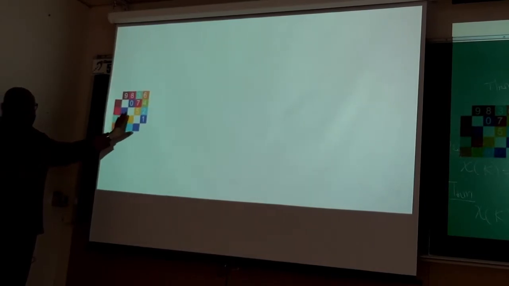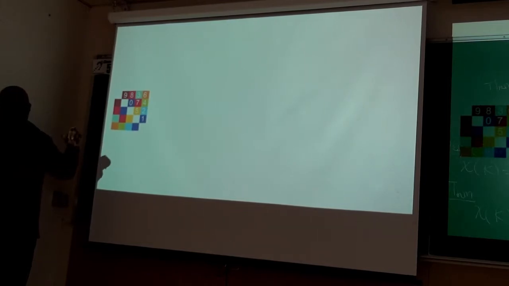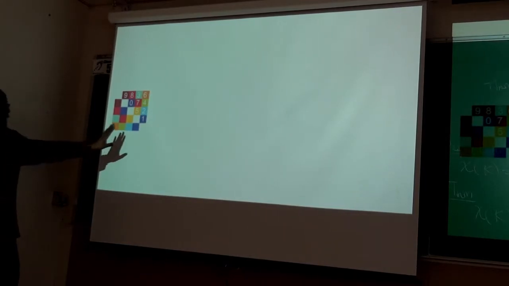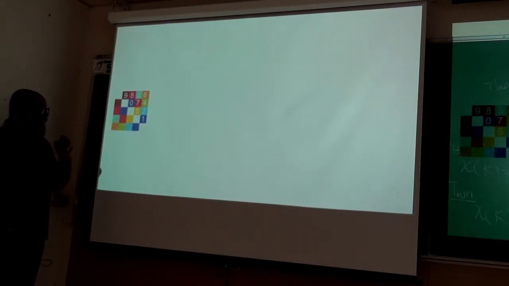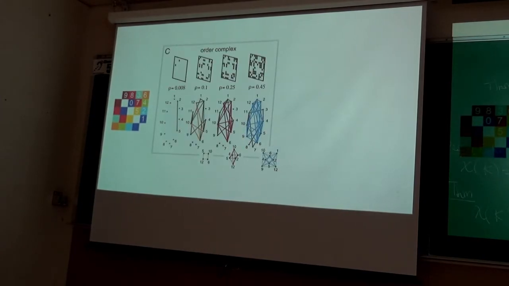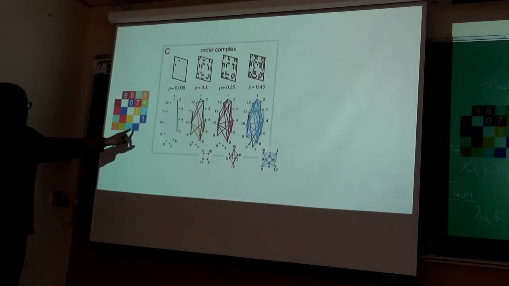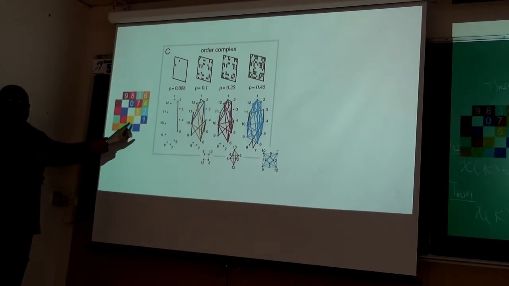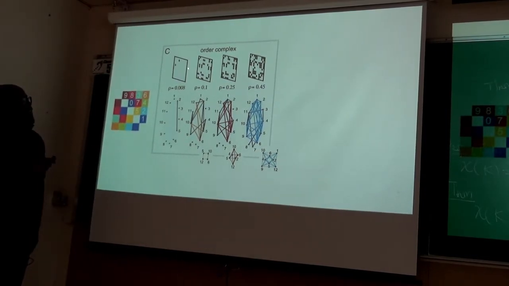So you're constructing something that's invariant under monotonically increasing reparameterizations. Given this representation, they construct something they call the order complex, which is nothing but the Rips complex applied to this matrix. Okay, so they take the Rips complex on this matrix.